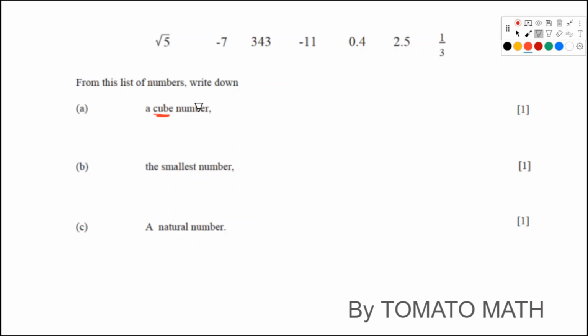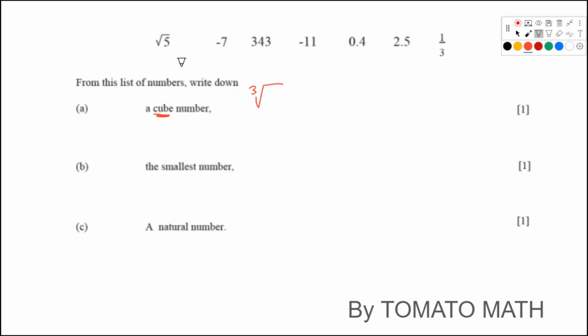In order to find this, we will take the cube root. There is a small 3 in this. You can use a calculator, the cube root, and you will input the number here. If we get a whole number, a perfect number, then it's a cube number.